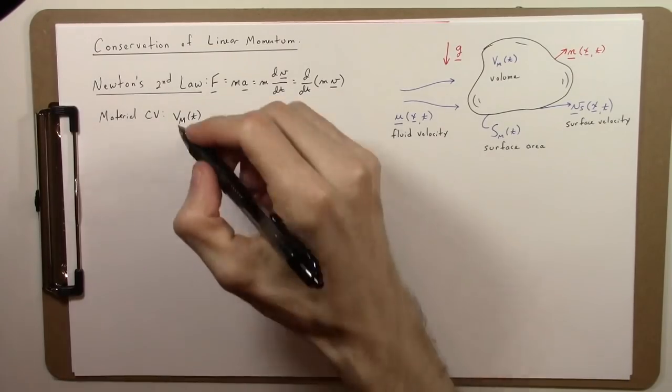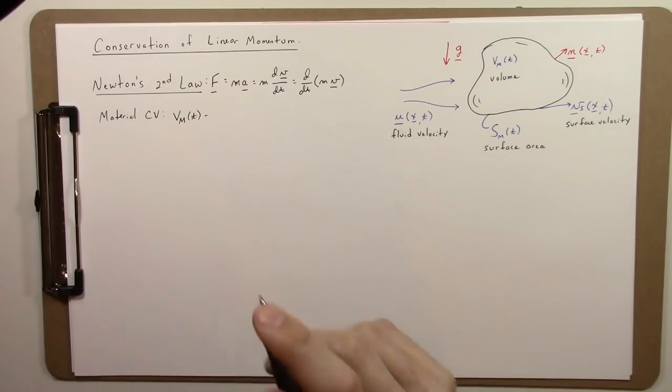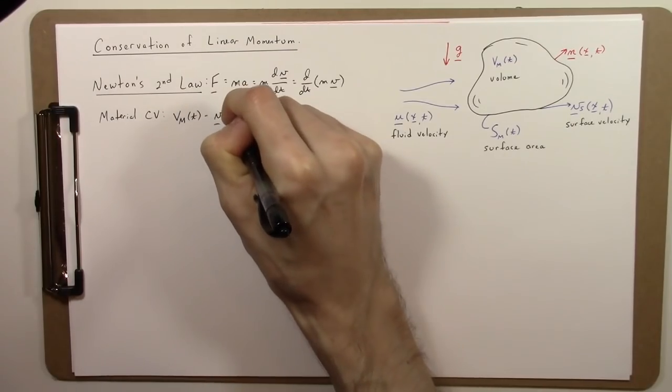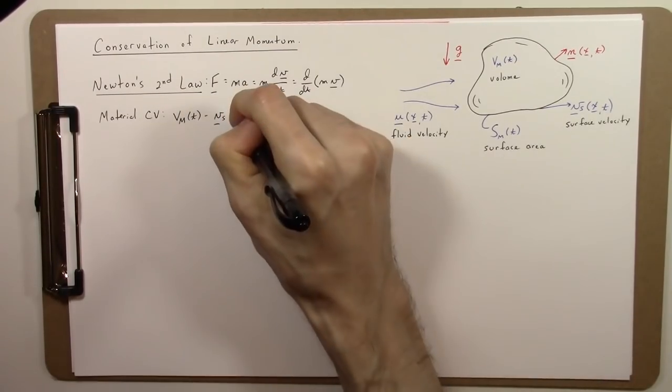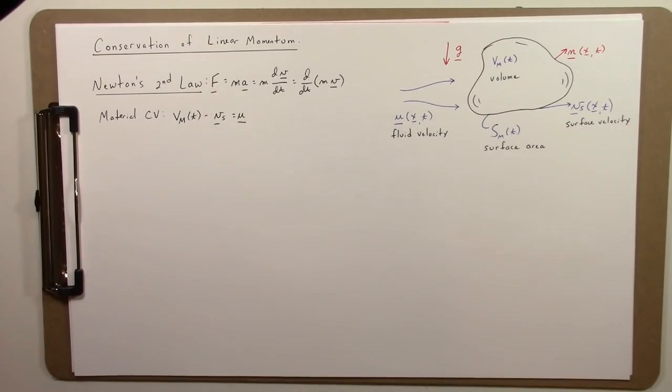In other words, the velocity of the surface bounding the material control volume is everywhere equal to the local fluid velocity. So denoting the surface velocity as Vs vector, we can say this must be equal to the fluid velocity, which we designate as the vector u.